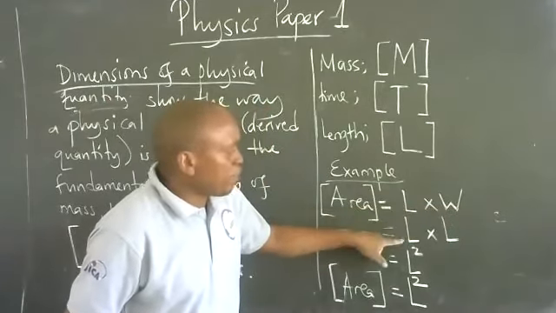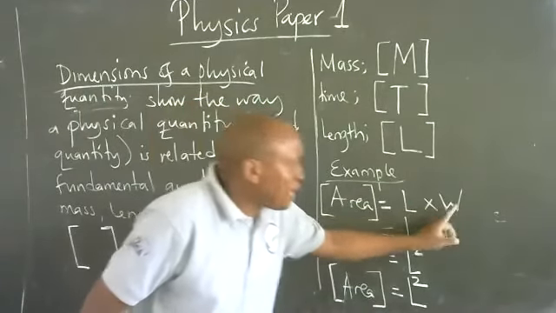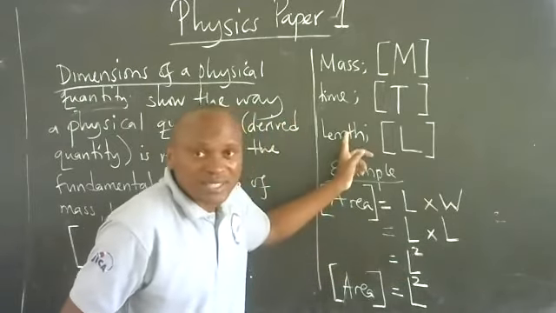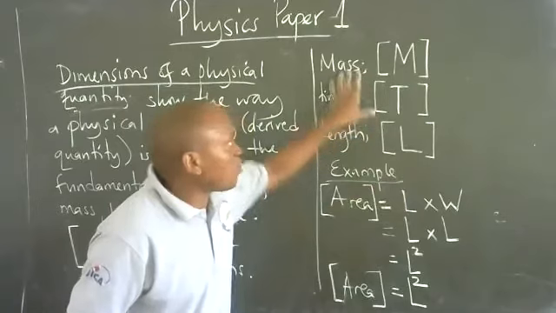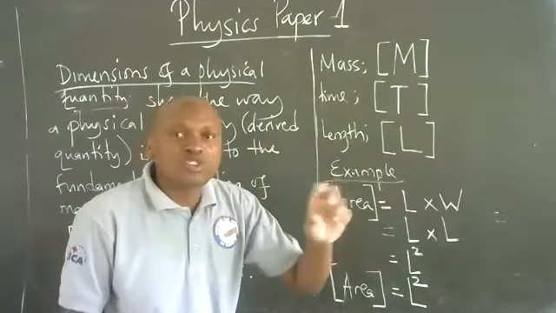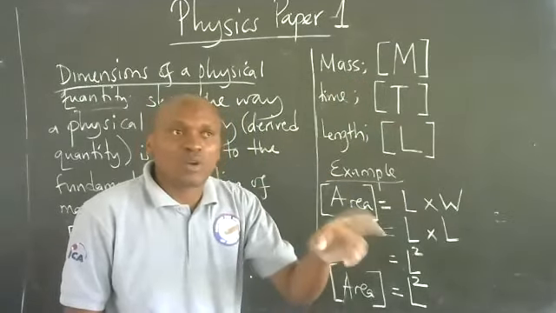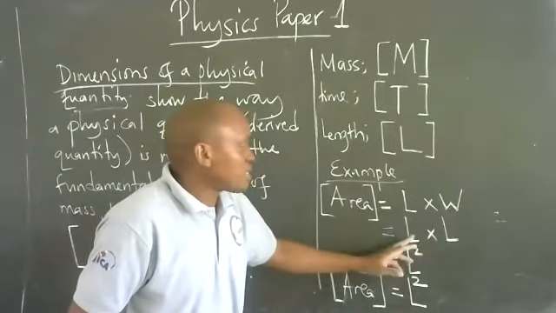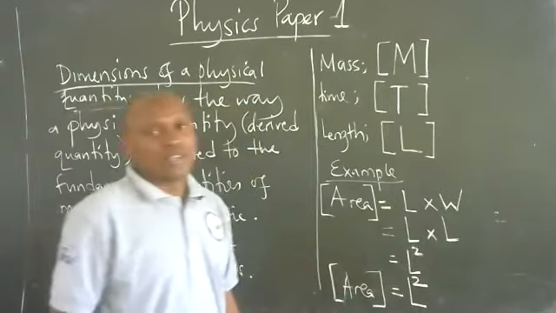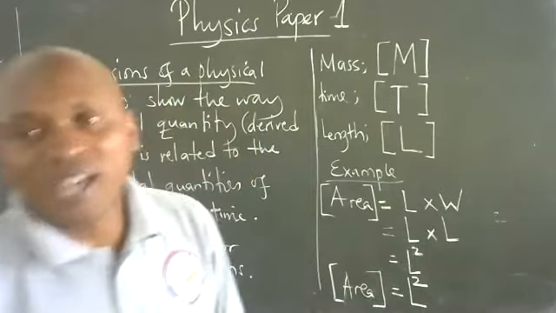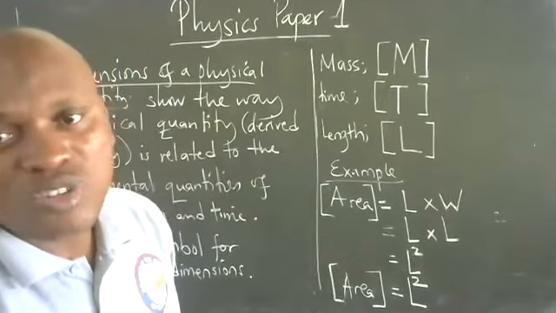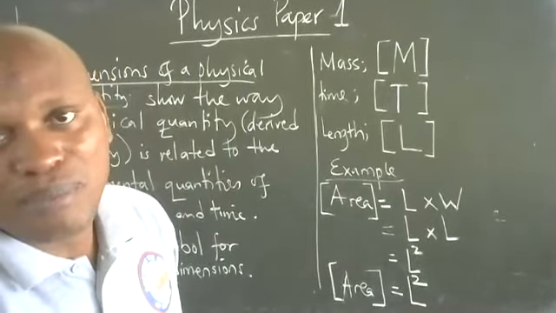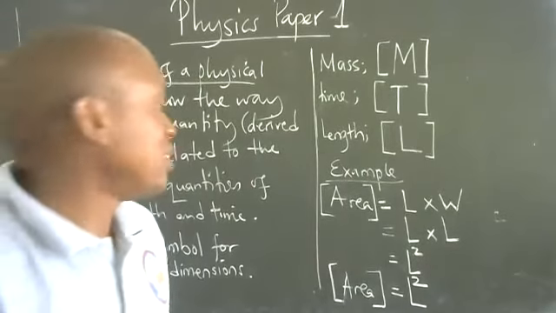Where there is length, I put L. Also, where there is width, I put L, because L is what we want. We don't want to use any other quantity apart from these three. So you have to get ways of changing that quantity in terms of the three. So L times W, which is L times L, which is L squared. So the dimensions of area are L squared.